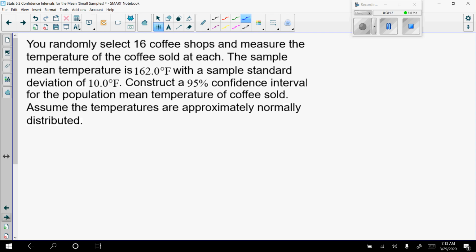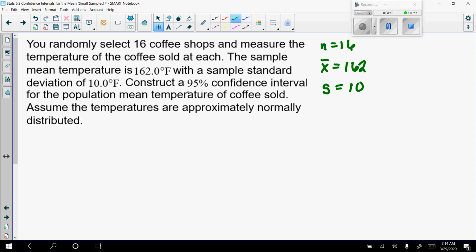Okay, let's put it into practice. You randomly select 16 coffee shops. That means n equals 16. And you measure the temperature of each coffee sold at each. The mean temperature of the sample is 162 degrees Fahrenheit, with a sample standard deviation of 10.